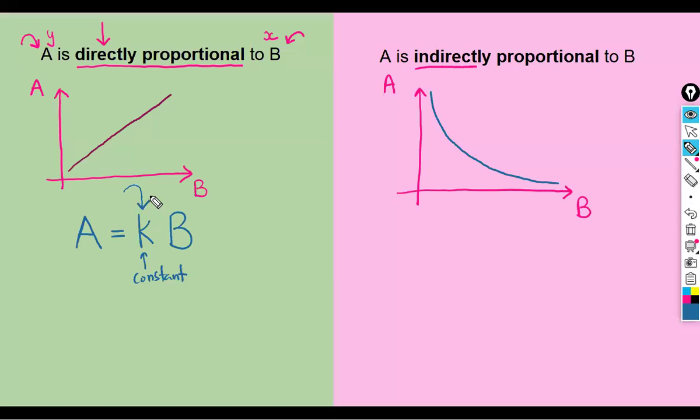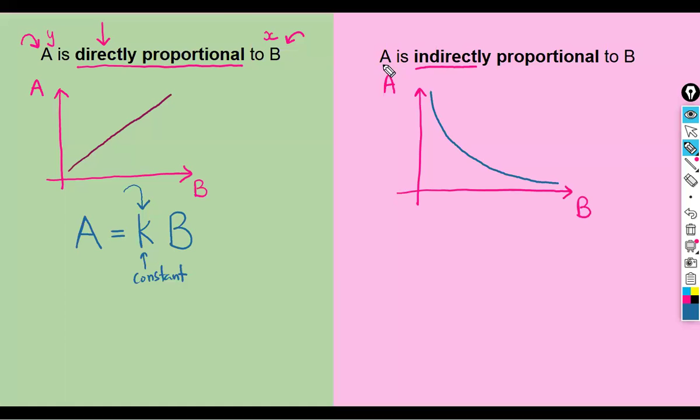Don't worry. I saw some of you scratching your heads, wondering how am I going to find the value of K? I will show you how to find the value of K. But keep this in mind: once you find the value of K, K will never, ever, ever change for the entire question. No matter if you scream at it, no matter if you hit it, no matter if you threaten it, it will never, ever change value.